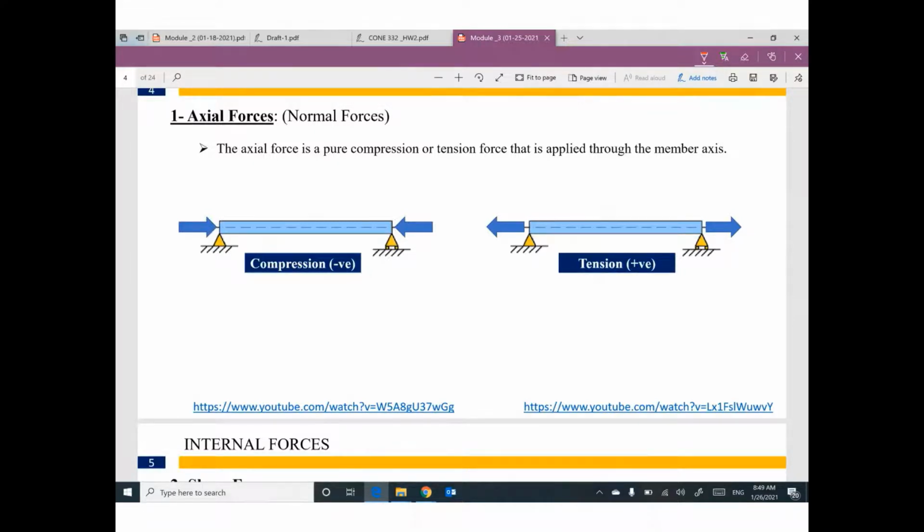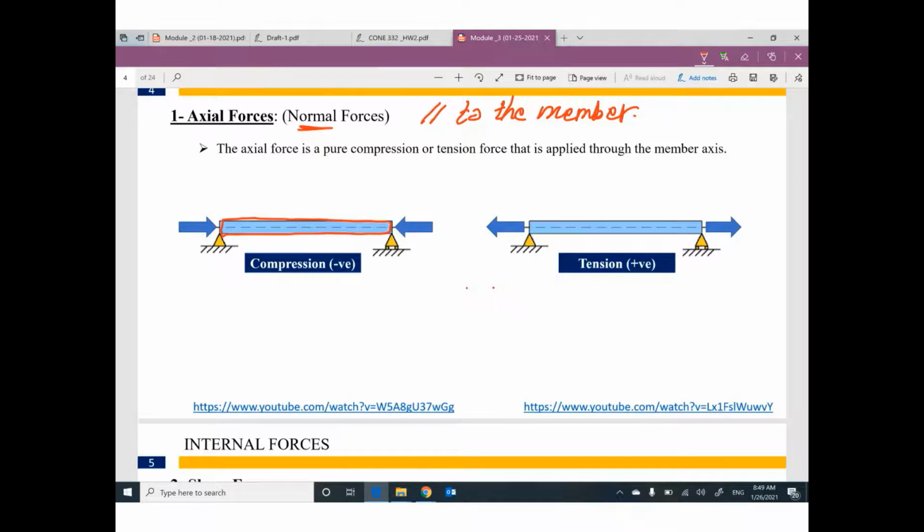Axial force. Sometimes we can call it normal force. Axial force is a force parallel to the member. Parallel. Your member is horizontal.